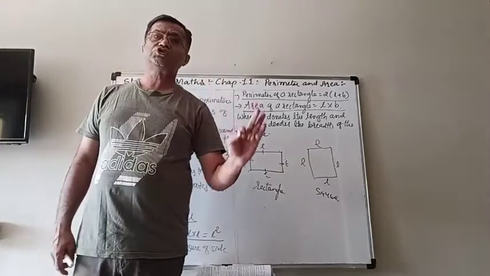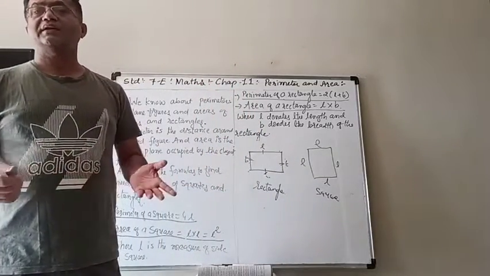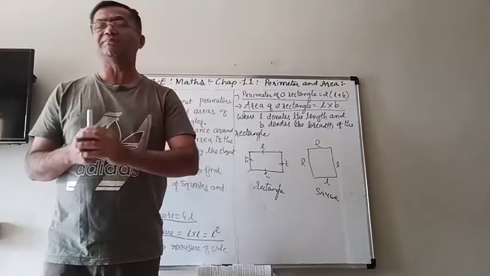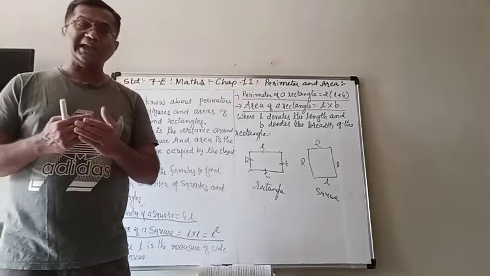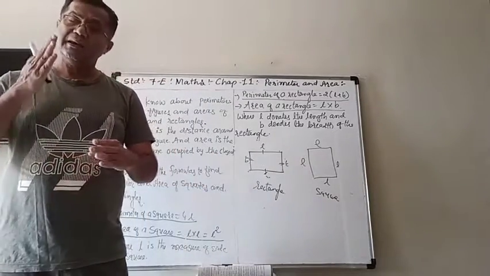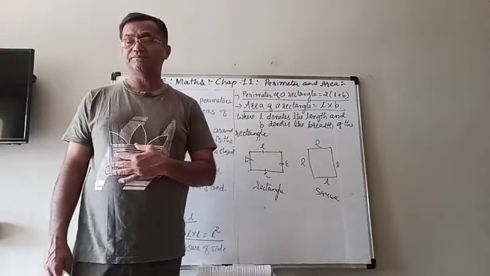Perimeter is 2 times (L plus B), and the area of the rectangle is L multiplied by B, where L denotes the length and B stands for the breadth of the rectangle.